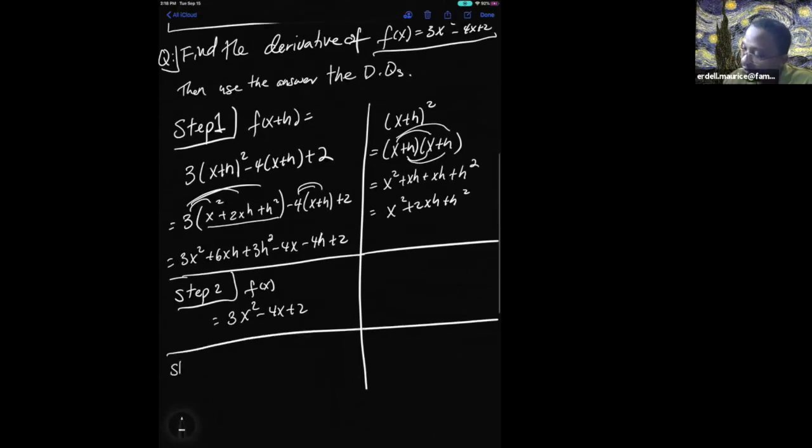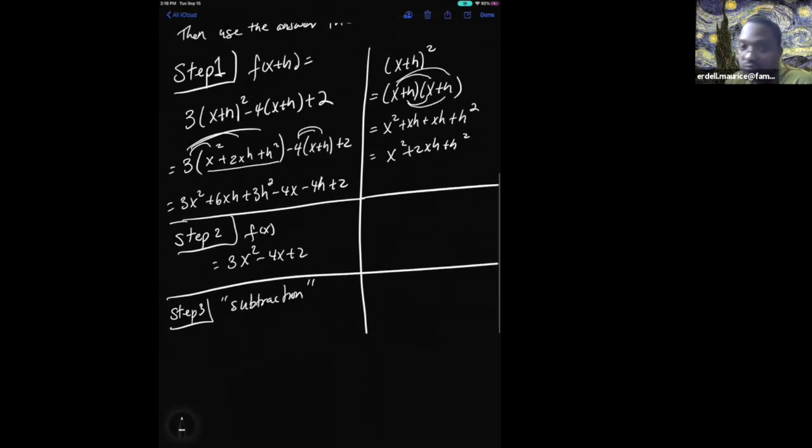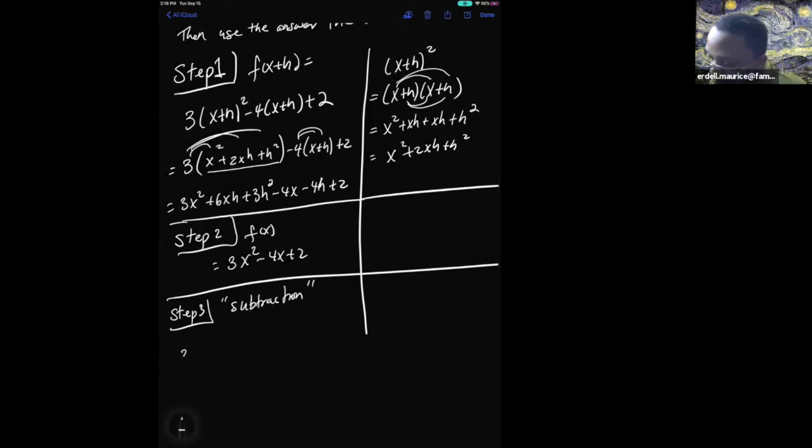Step number 3, the subtraction step, is I have to take the 2 equations and I have to subtract them one from each other. So 3x squared plus 6xh plus 3h squared minus 4x minus 4h plus 2.